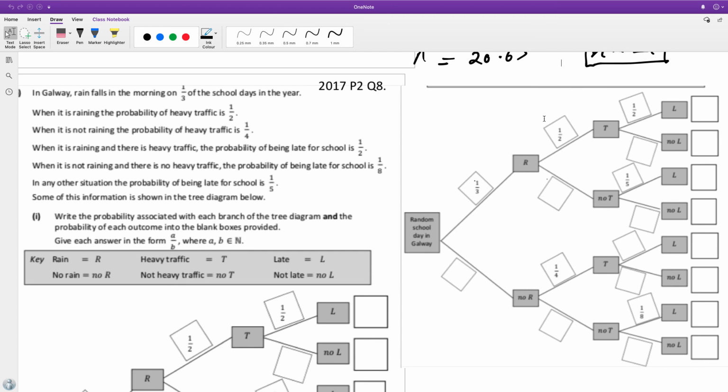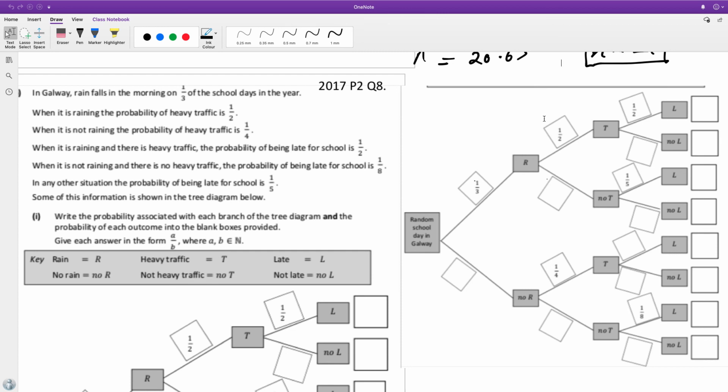Sorry, here, say 2/3 by a quarter by 1/5 and so on. 2/3 then by 3/4 by 1/8, which is 1/16, and then it's 2/3 by 3/4 by 7/8, which is 7/16.